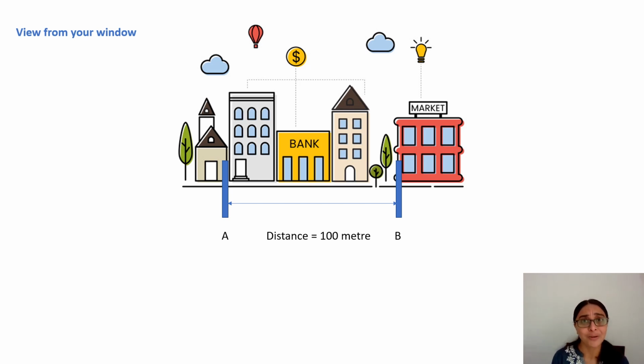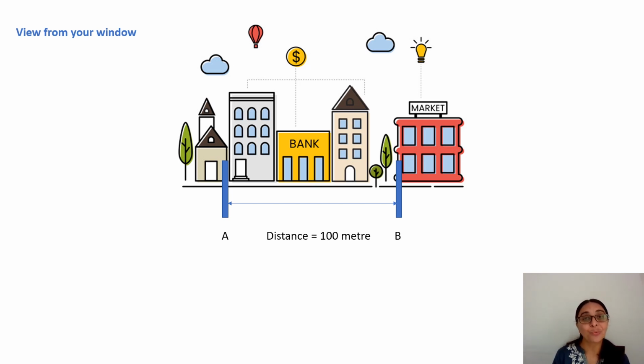How about now calculating the speed of a car which is going on a road? So what you need to do is, suppose from your window a road is visible, and I'm sure at least a society road will be visible. So a parent needs to either mark, or find out that from this building to that building, or from this tree to that tree, it is 100 meters, which is visible from your child's window.